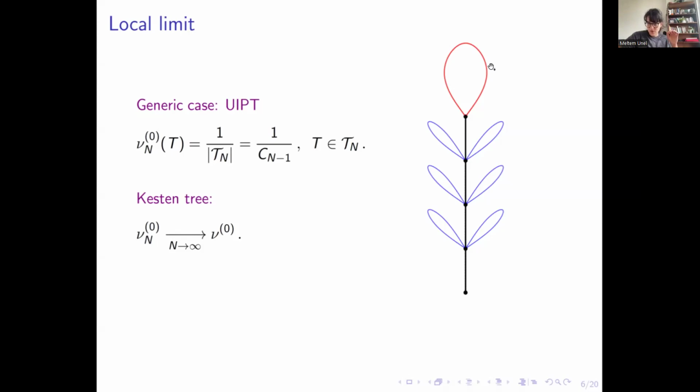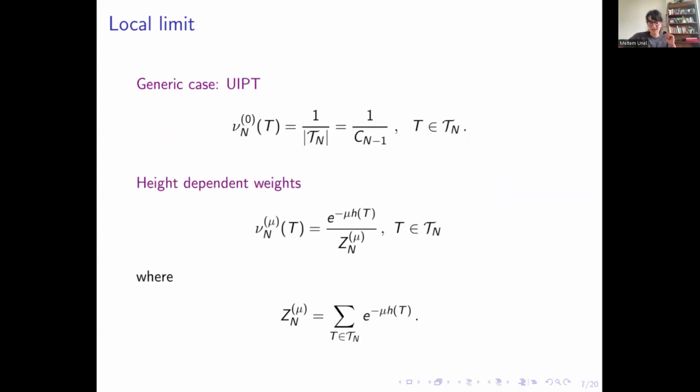And along the spine, I have finite, IID, independently and identically distributed Galton-Watson trees that are grafted onto both sides of this spine. So this is the uniform case. We know many things about the uniform case. We know the limit, we can characterize it.